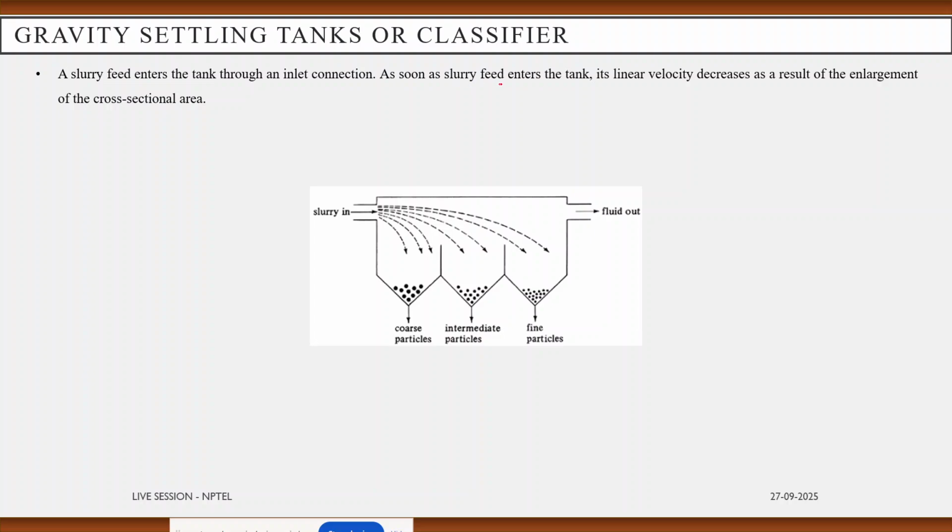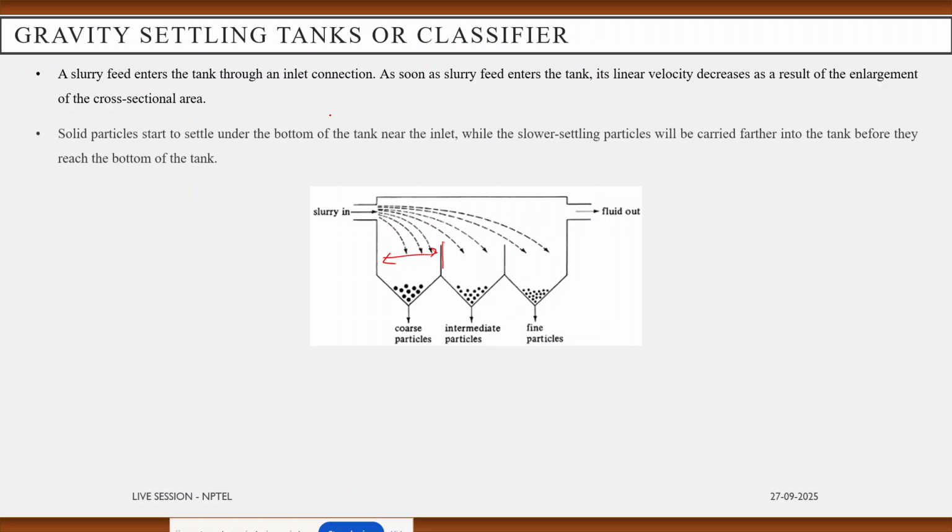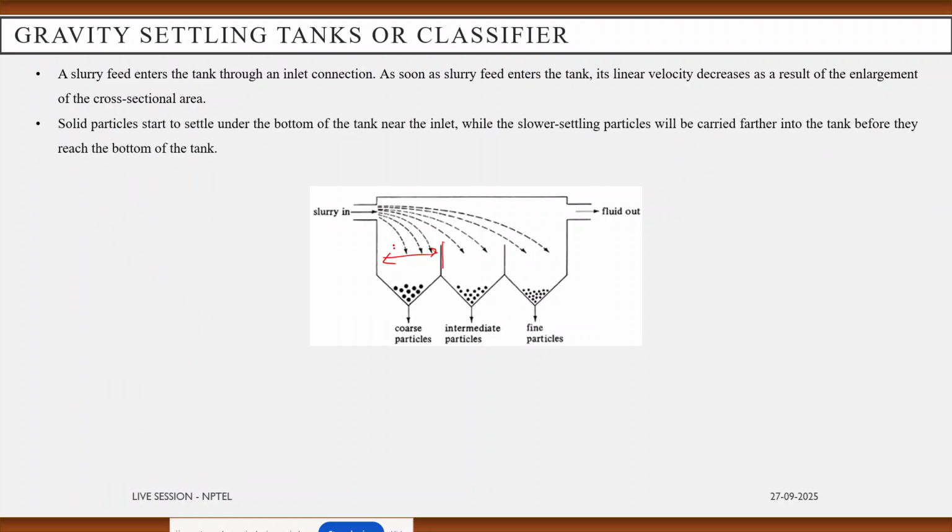As soon as the slurry feed enters the tank, its linear velocity decreases as a result of the enlargement in the cross-sectional area. So it starts to settle down at the bottom of the tank near the inlet, while the slower settling particles will be carried further into the tank before they reach the bottom.